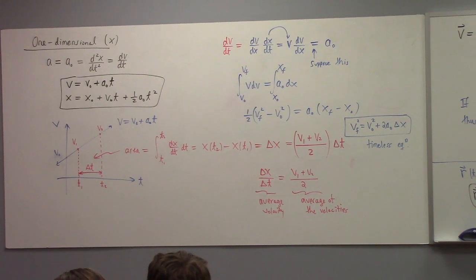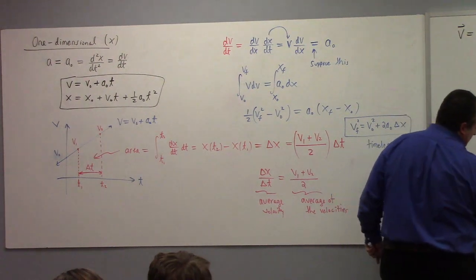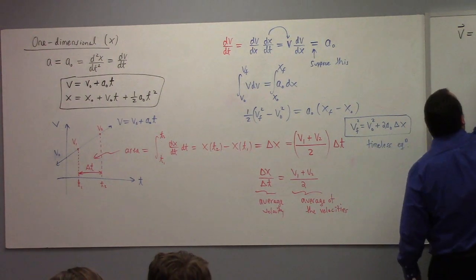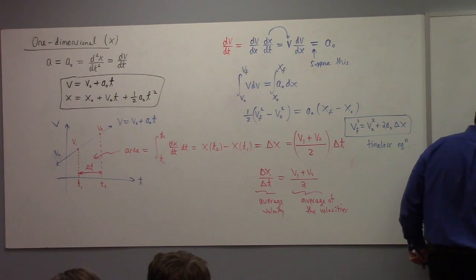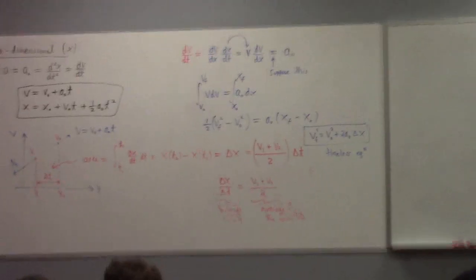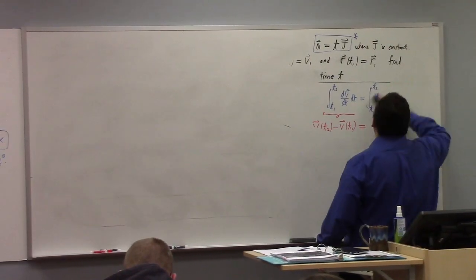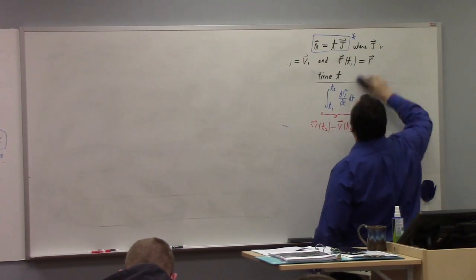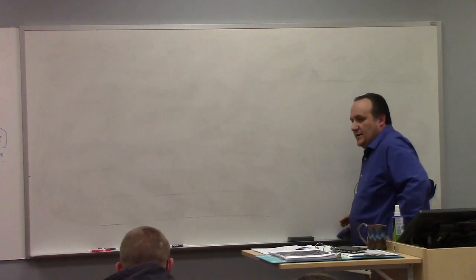So I'm going to jump back to 3 dimensions again here. Just to let you know where we're going, today I'm going to spend the rest of class talking about how acceleration and velocity are related geometrically. And once we're done with that, next class probably, we'll talk about projectile motion.